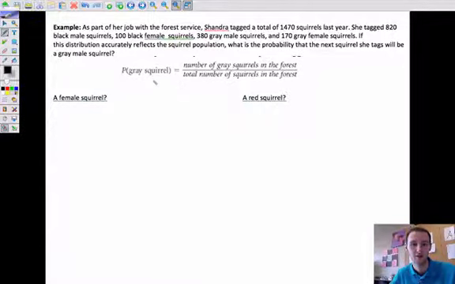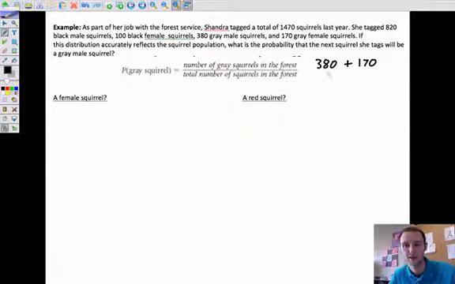So the way that we can figure out the probability of a gray squirrel, and this is the notation I was talking about, a lot of times you'll see it written as just P for probability, then parentheses, gray squirrel, is the total number of gray squirrels in the forest over the total number of squirrels, any type, in the forest. Okay. So if there are 380 male gray squirrels and 170 female gray squirrels, then we've got 380 plus 170.